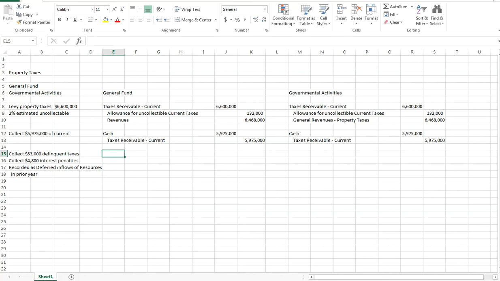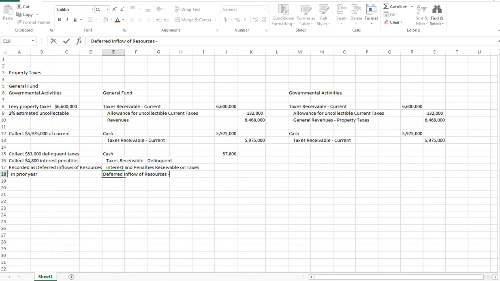And so our journal entries, we have cash coming in, that's no different, $57,800, the two added together. Then we have taxes receivable, delinquent, because that's where they are. We're going to decrease that. And then we have interest and penalties receivable, because we have recorded that as a receivable in the prior year. And then we have to take that out of deferred inflow.